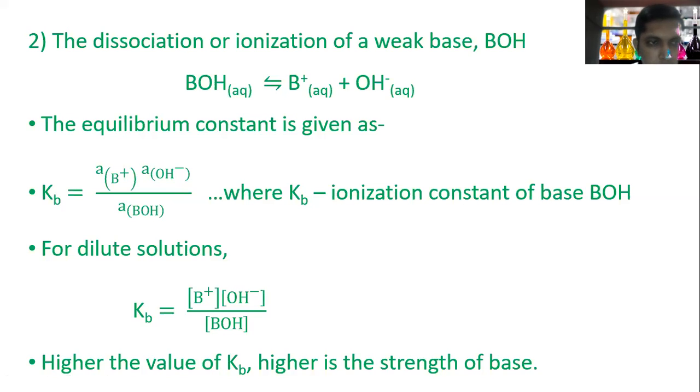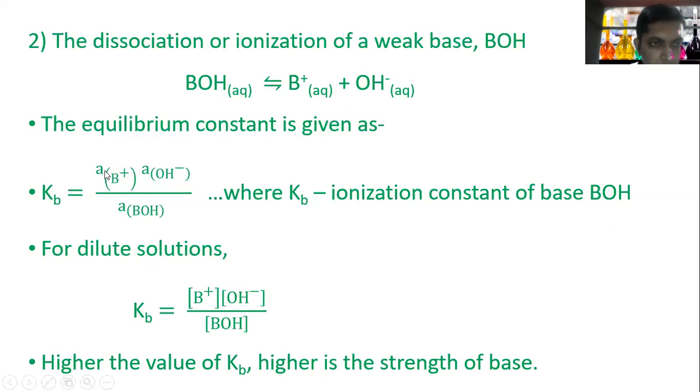Now, this Kb, that is the dissociation constant or the equilibrium constant of this dissociation reaction, is called the ionization constant of the base BOH. Or you may also call it the dissociation constant of the weak base BOH. Again, for dilute solutions, we can replace the activity terms by the concentration terms.